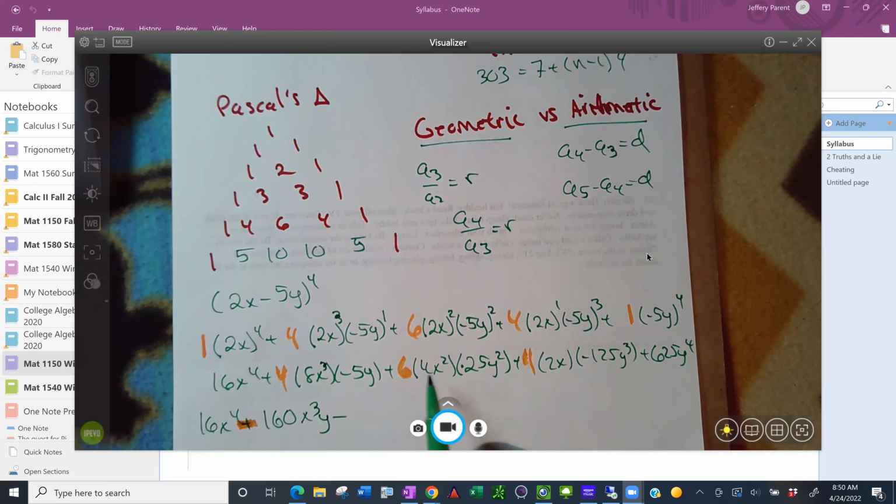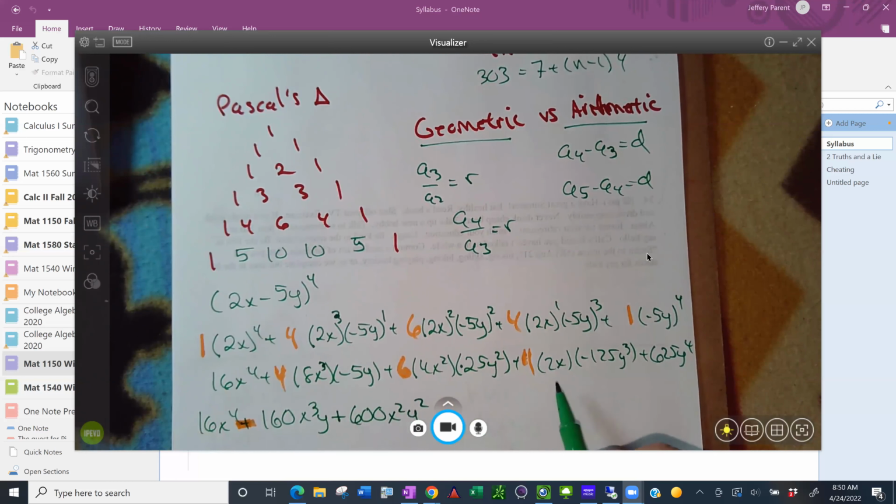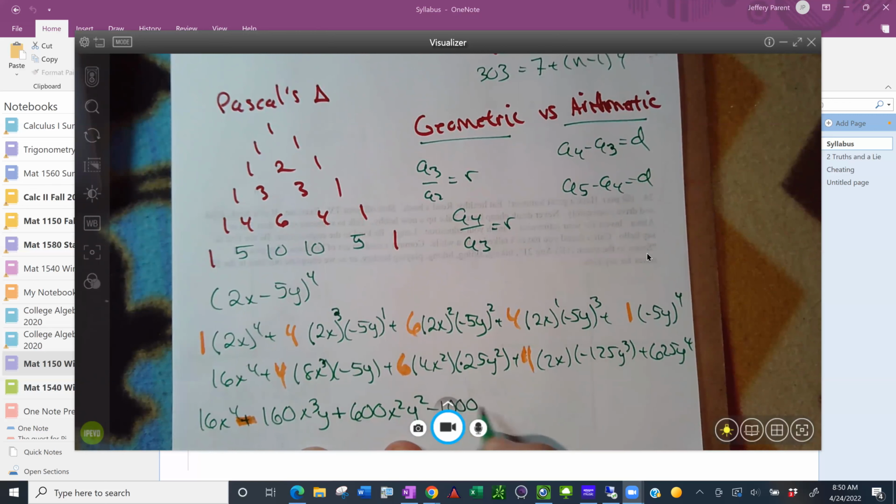And then 6 times 25 is 150 times 4 is 600. So it'd be a plus 600 x squared y squared. 4 times negative 125 is going to be negative 500 times 2 is going to be negative 1000 x y cubed. And finally, plus 625 y to the 4th.